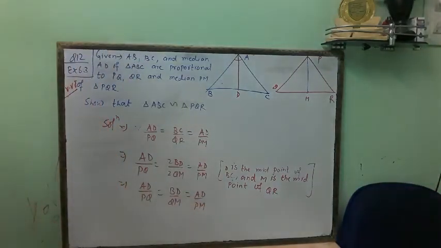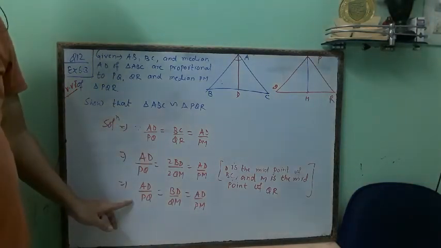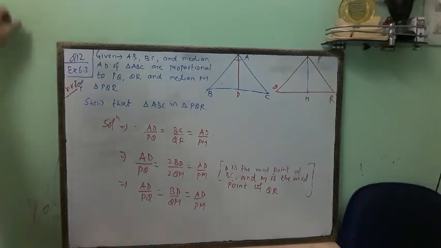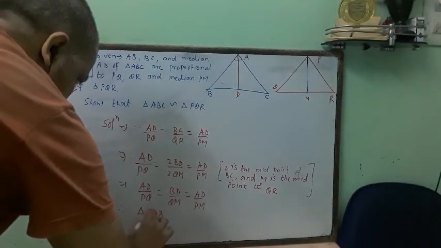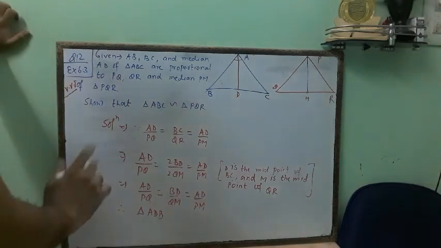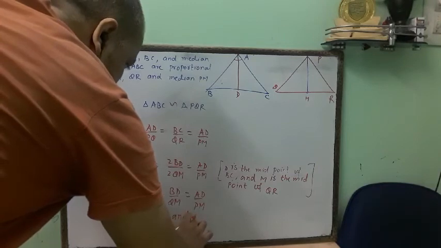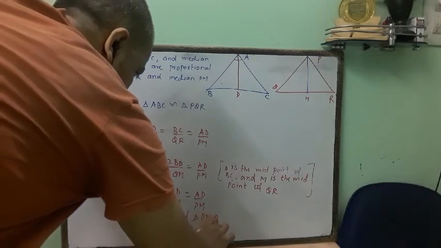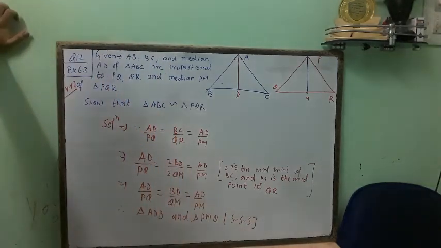Now see triangle ADB and triangle PMQ. All corresponding sides are proportional. Therefore triangle ADB is similar to triangle PMQ by SSS criteria.